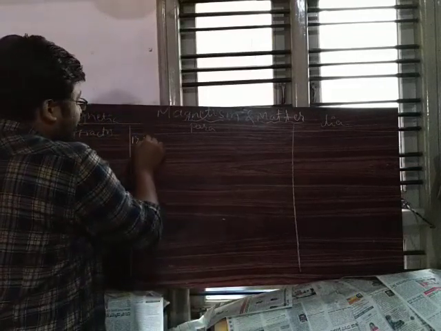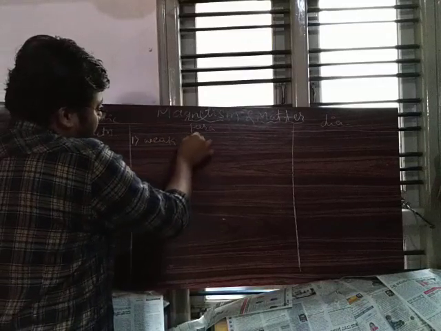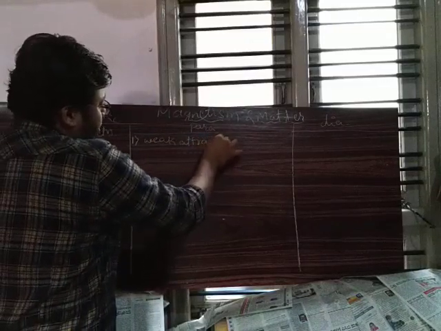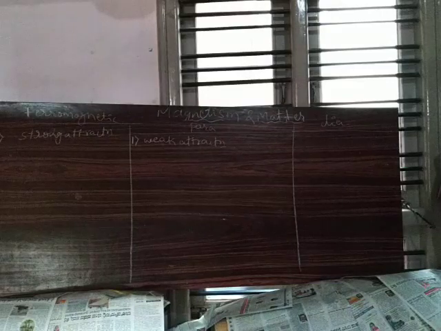So here the first one is weak attraction. Then what can we write in the case of diamagnetic material? Obviously they are weakly repelled. Right?